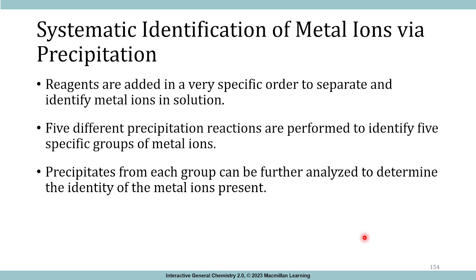Now remember that when we look at the periodic table, groups have properties, right? And so what we're doing is we're using the group properties of these metal ions. So precipitants from each group can then be further analyzed to determine the identity of your metal ions present.